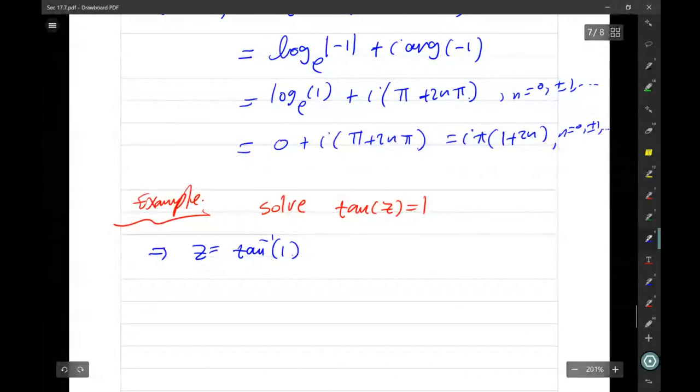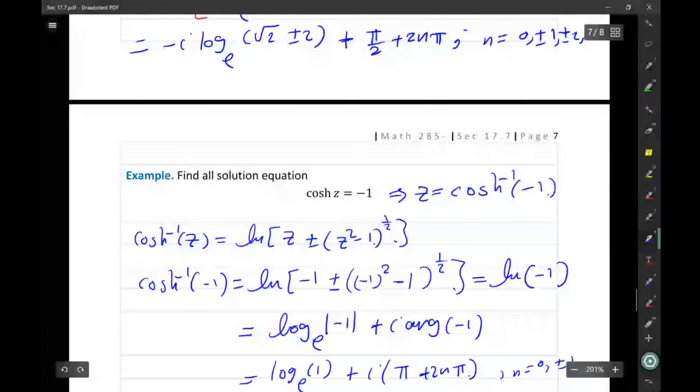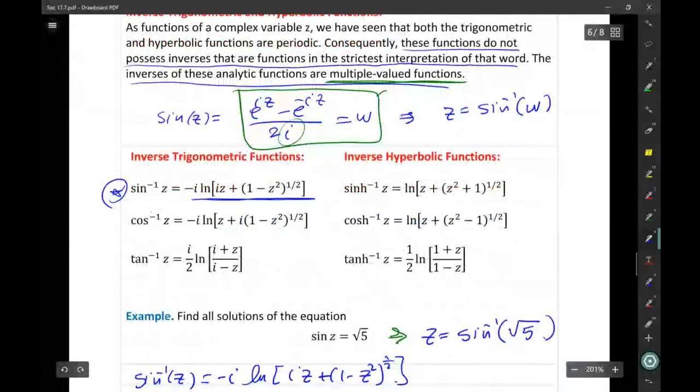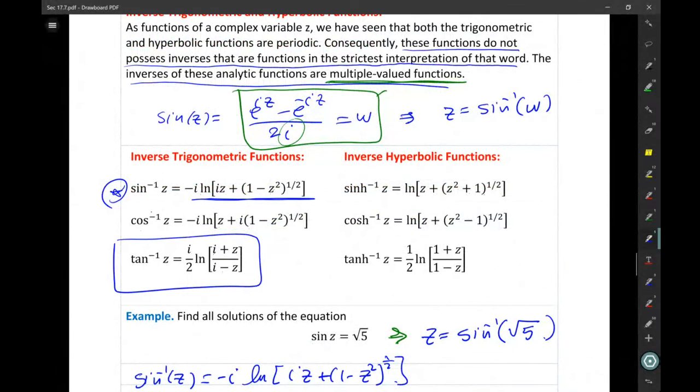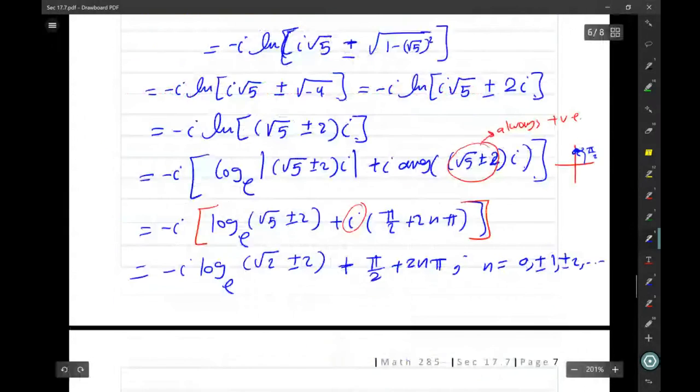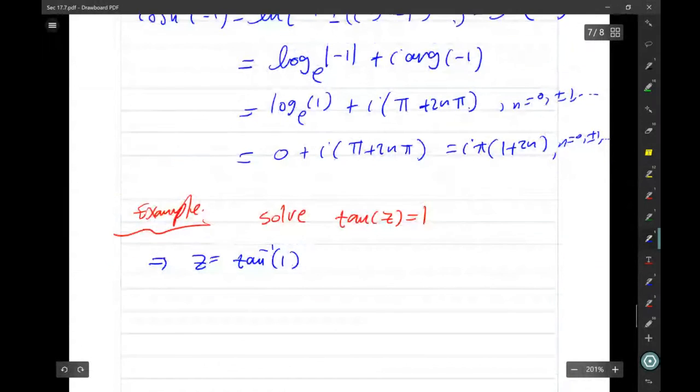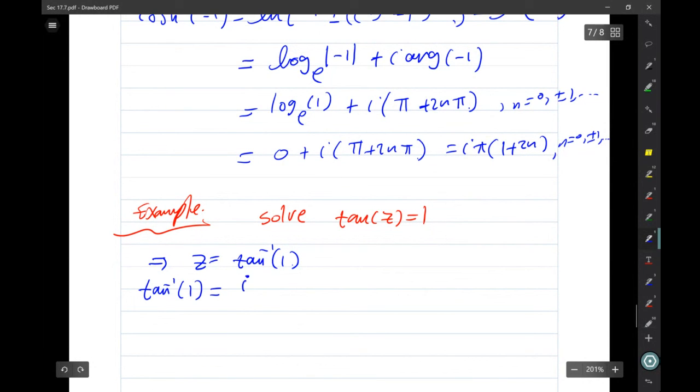Now, what's the equation for tan inverse? Go back here. This is the equation for tan inverse of a complex number: i divided by 2 times ln of (i plus z) over (i minus z). So tan inverse of 1 is equal to i divided by 2 times ln of (i plus 1) over (i minus 1).